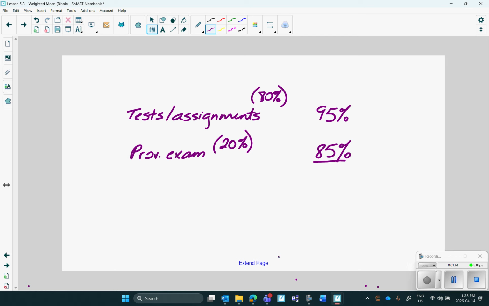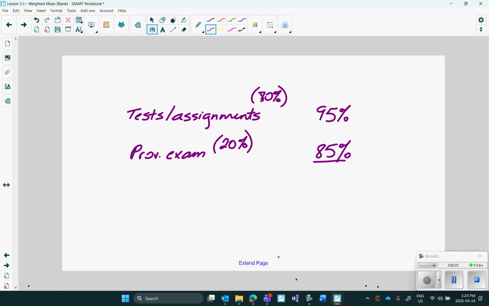Because this weighs more, we can't just say your final mark will be the average of these two. It'll actually be higher, because your higher mark has more weight. So this is another type of calculation we're going to do, called the weighted mean.